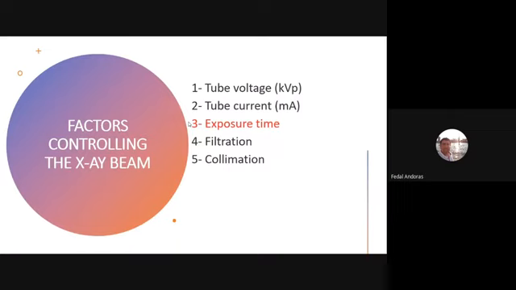So it will minimize it when we talked about round and rectangular collimator. So we don't need to talk about that more. Target material, we talked previously roughly about the target material. I will talk in detail about it. And the distance, I will talk about as well. So these are 7 factors controlling the X-ray beam.